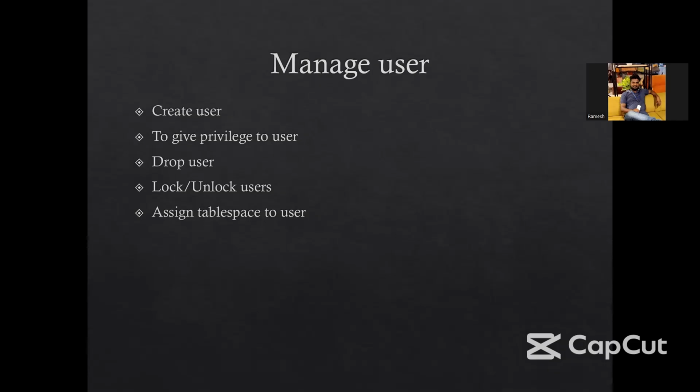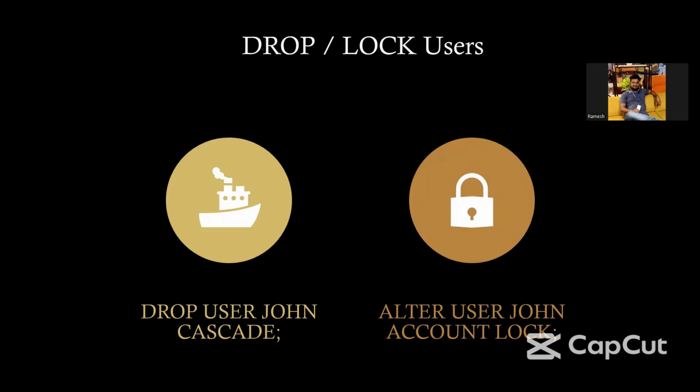Okay, so all these are in our user management, I mean the managing users section. Okay, so I just added these things. This is the command to drop the users, and this is to lock the users: alter user username account lock.